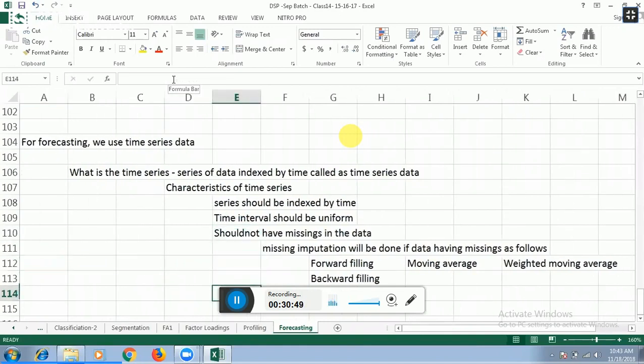One more important thing is that the future trend should be similar to the past trend. This is one of the key assumptions. Whatever patterns you identify in the data you have, the pattern will be applicable to the future also.